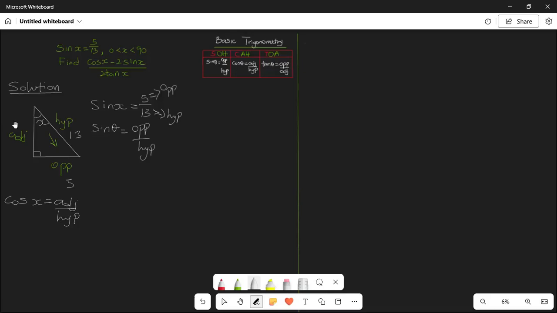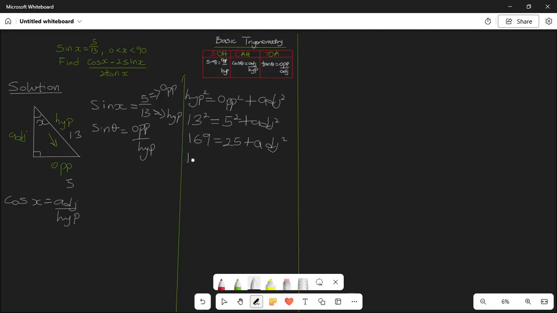So using Pythagoras theorem, we know that hypotenuse square is equal to opposite square plus adjacent square. From the question, our hypotenuse is equal to 13, so we have 13 square equals our opposite, which is 5, so 5 square, plus adjacent square. That gives us 169 equals 25 plus adjacent square.